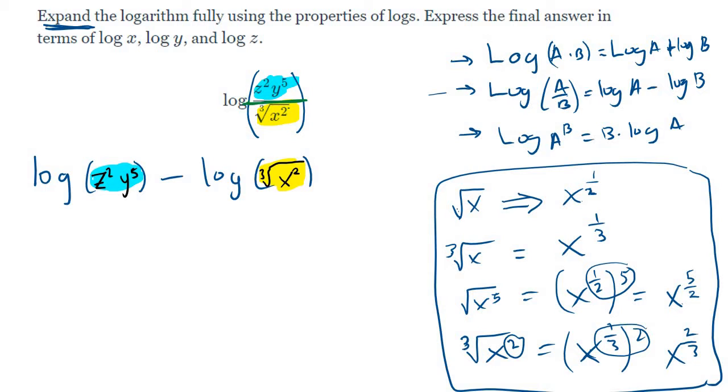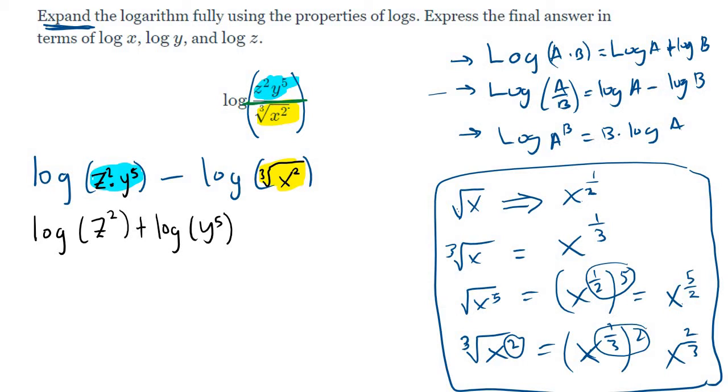All right, so now we are going to see if we can actually break it down further. Look over here to the left side. This is like a product. If I put a product symbol there, I can actually break this up into logarithm of z squared plus logarithm of y to the 5th.